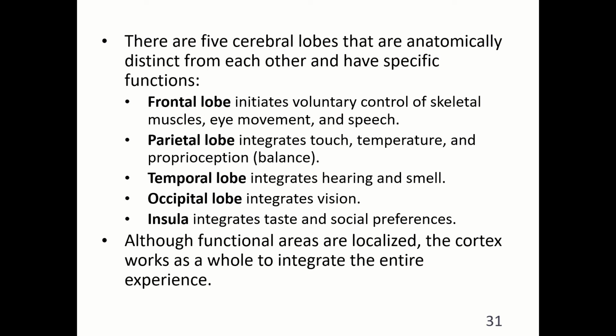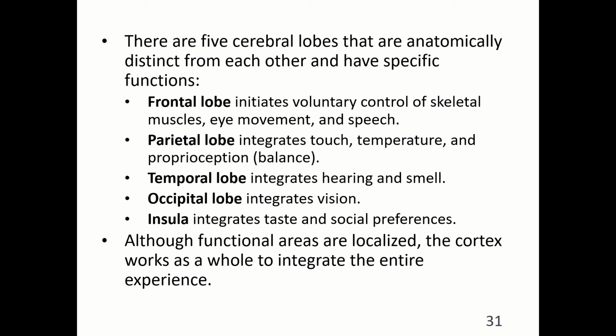There are 5 cerebral lobes that are anatomically distinct from each other and have specific functions: the frontal lobe, parietal lobe, temporal lobe, occipital lobe, and insula. The frontal lobe initiates voluntary control of skeletal muscles, eye movement, and speech.